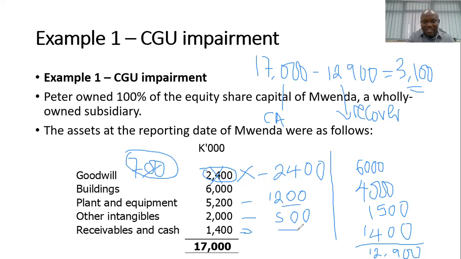You have your 500 that has gone, meaning that the difference will come from buildings, because this one is already taken care of in here. So you remain with the 3,100. So the difference will come from the buildings. That is how you're going to reduce the value of your property or your business.